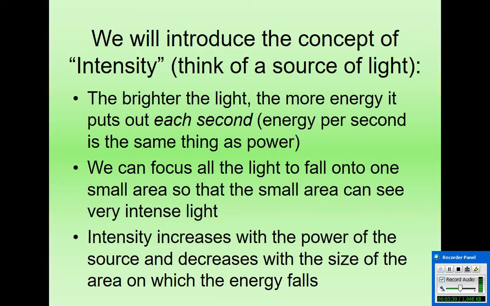So a dim light might put out 10 joules of energy per second, and a bright light would put out 200 joules of energy each second. Since we're talking about energy per second, we're really talking about power. And power is measured in watts. Think of a light bulb and the wattage on a light bulb.